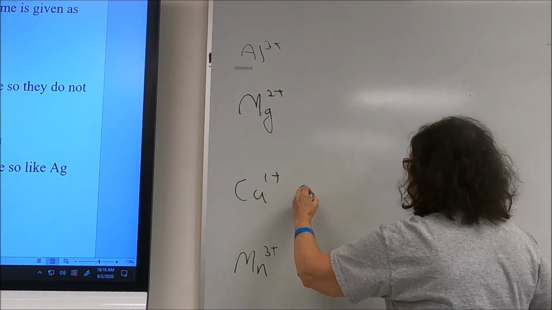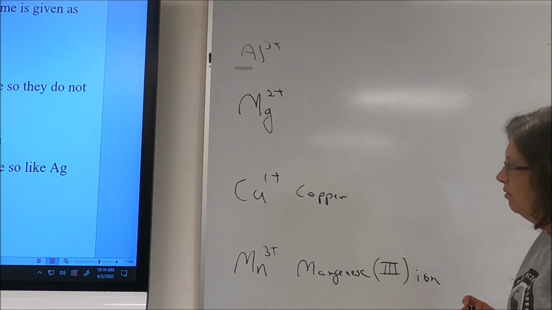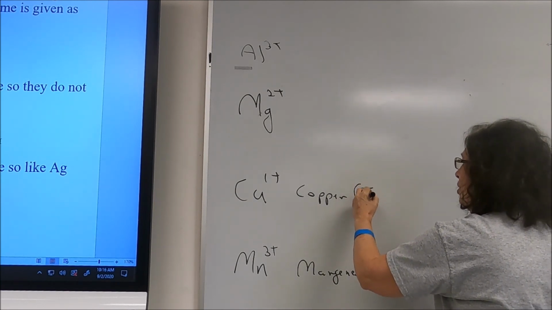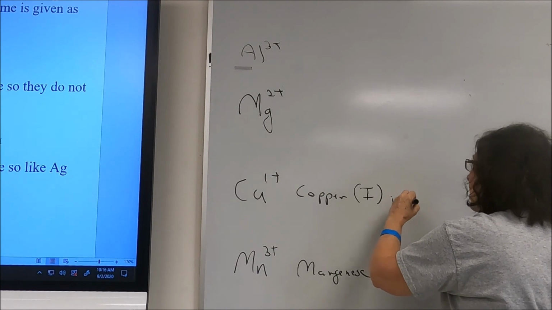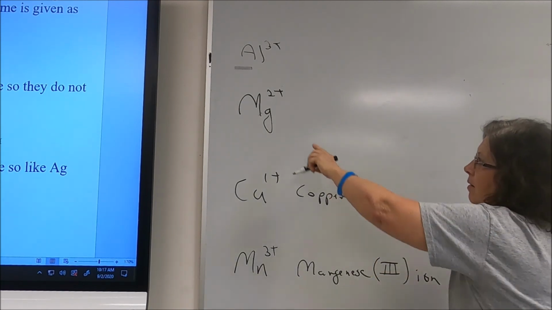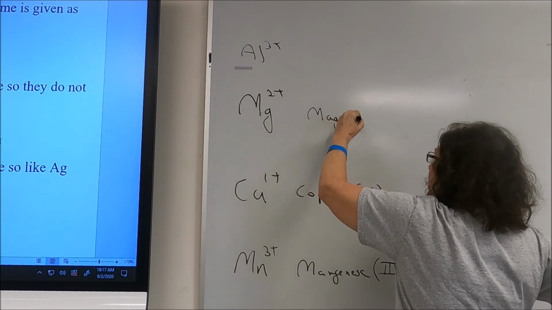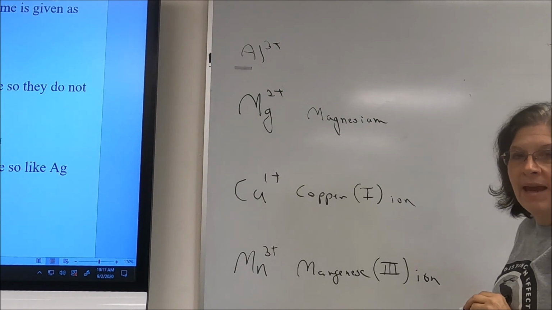Copper, Cu. Copper is a transition metal. So I'm going to have to include a Roman numeral for its charge, copper 1 ion. Okay. Magnesium is a main group element.